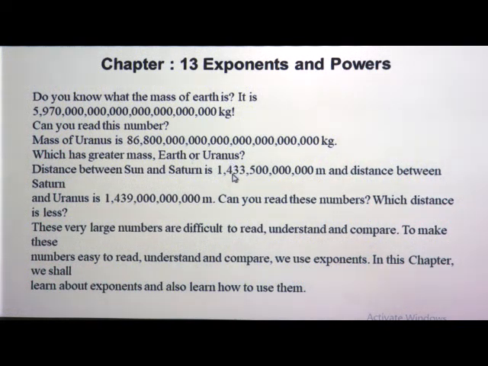Because we have to compare here, the values are given, that is the distance from Saturn to the Sun and the distance from Saturn to Uranus. So we have to find out which distance is less.